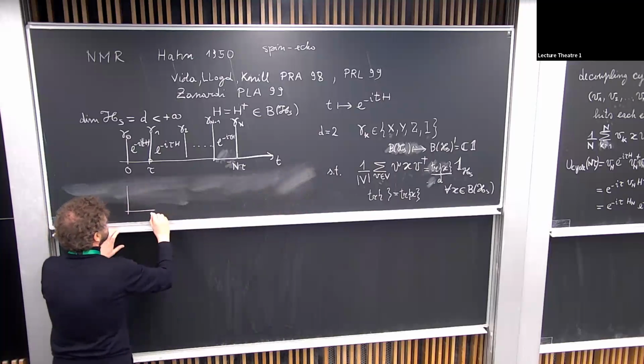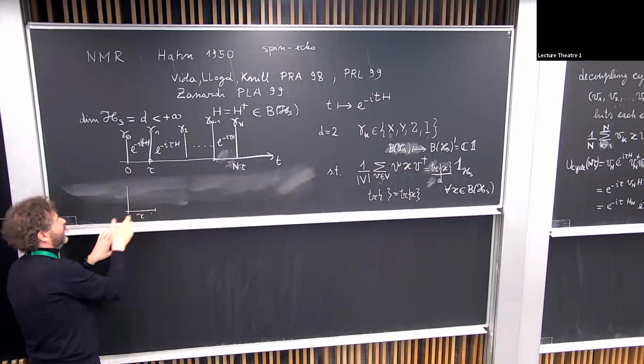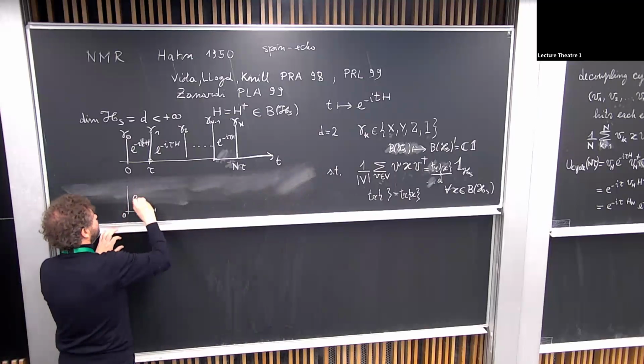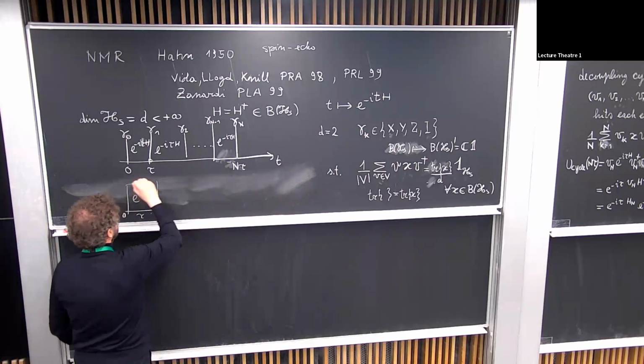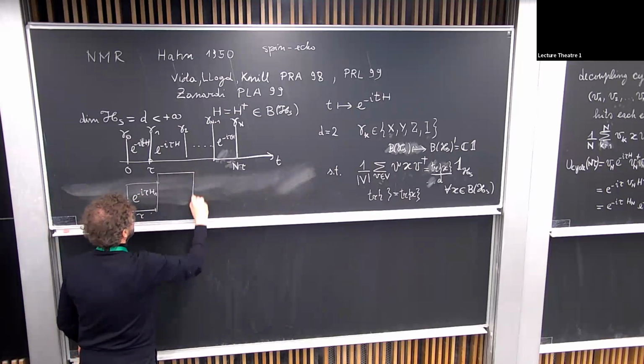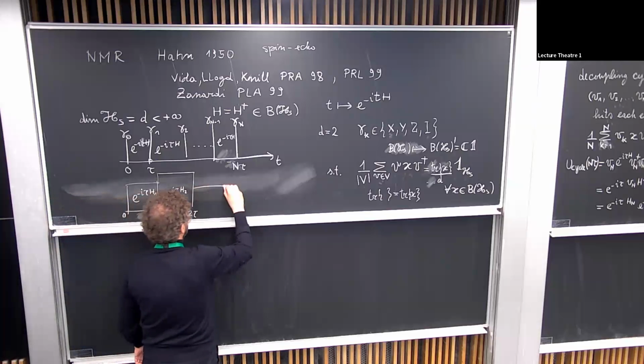For a period tau, the system evolves with the Hamiltonian H_1. Then for the period from tau to 2 tau, it evolves with a different Hamiltonian, H_2. And then a different Hamiltonian, H_3, and so on.